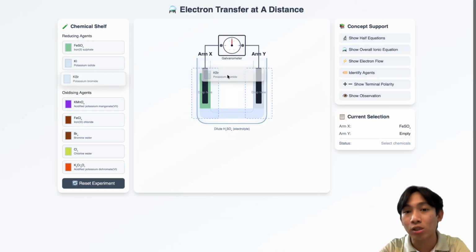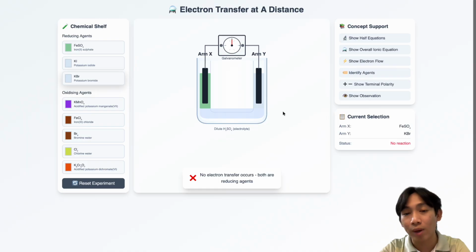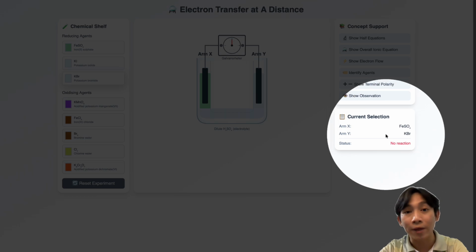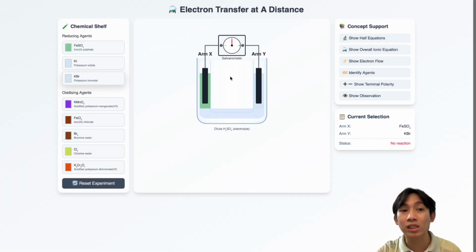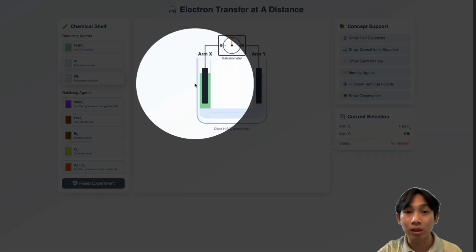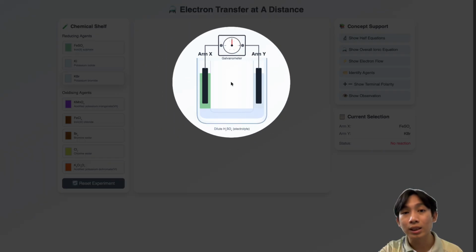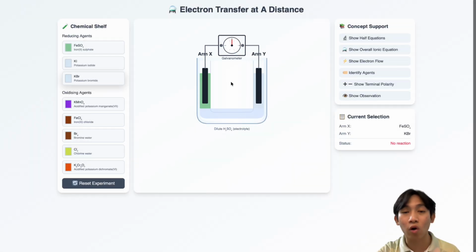Then we put potassium bromide, which is colorless. You can see there's no electron transfer, no reaction. Why? Because both of these chemicals are reducing agents, so there is no electron transfer between these two chemical solutions. Now let me reset the experiment.